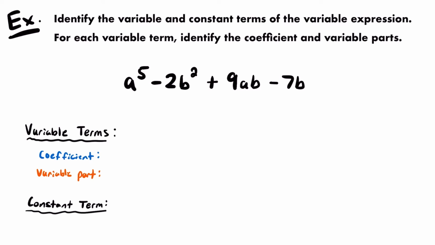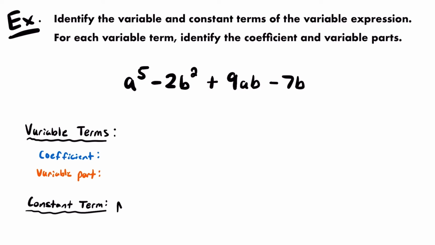A to the power 5 has a variable of a, negative 2b squared has a variable of b, 9ab has 2 variables, we have both a and b, and negative 7b also has a variable of b. And so for this variable expression, we can pretty confidently say that there are no constant terms. All of the terms of this variable expression are variable terms.